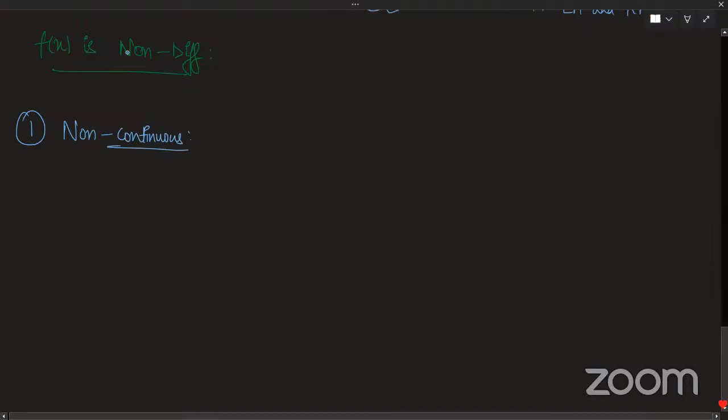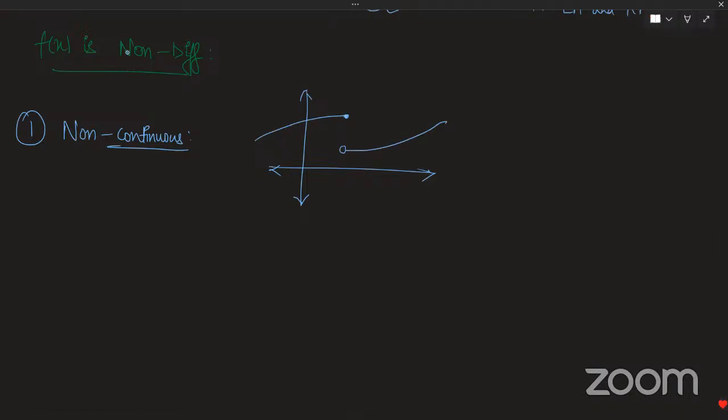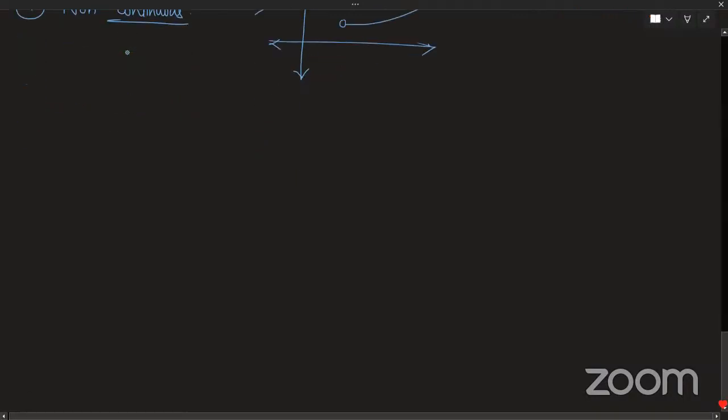If a function is non-differentiable, it may be discontinuous. It may look something like this: it comes till a point and continues from another point. So it is breaking at a given point. This is one of the possibilities.